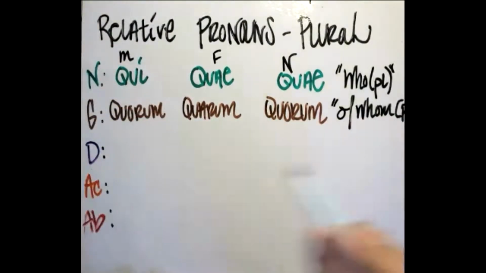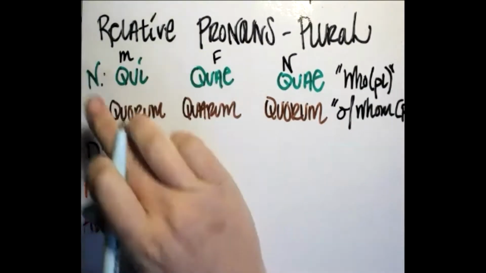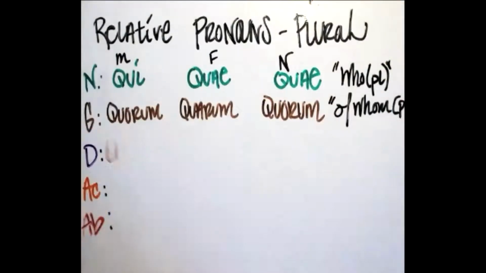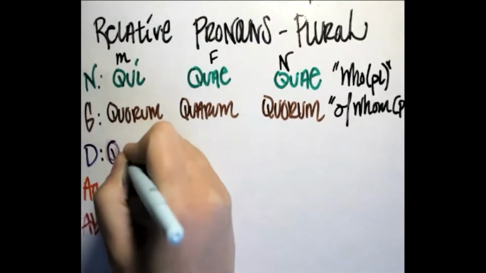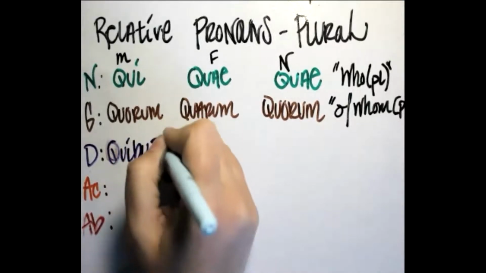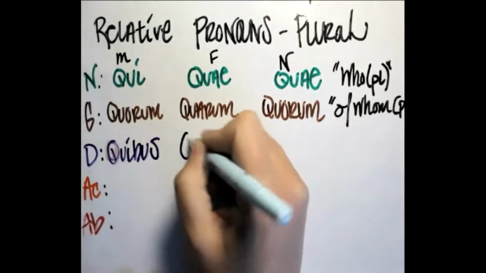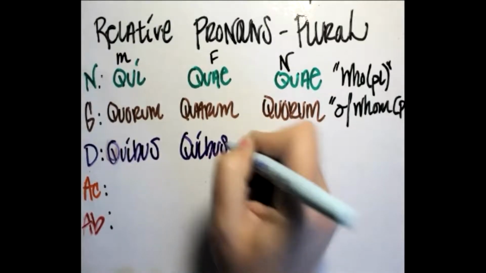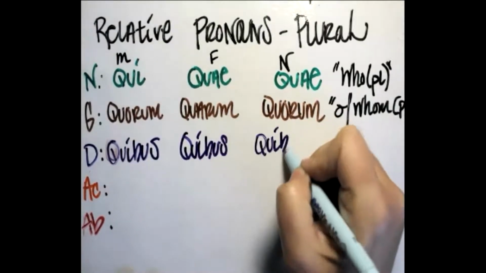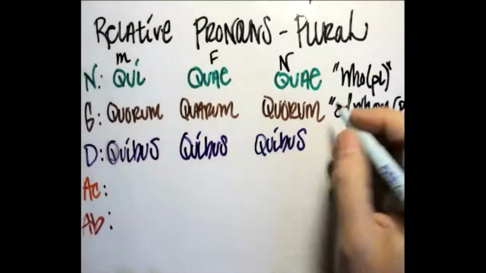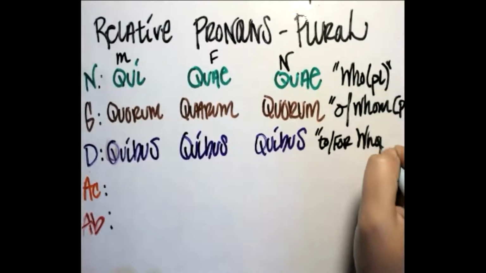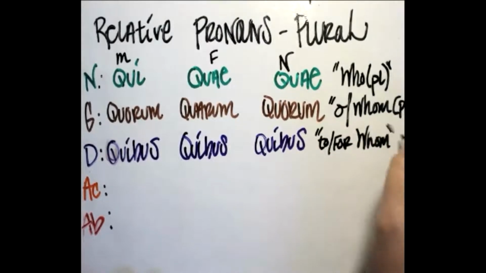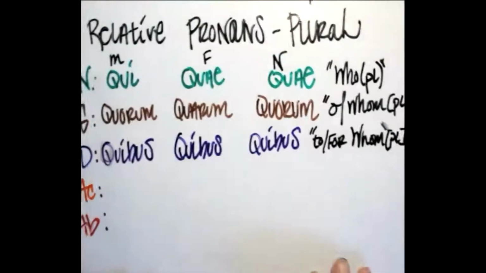All three in the dative will have the same form: quibus, Q-U-I-B-U-S. So this is to, for, whom, plural.